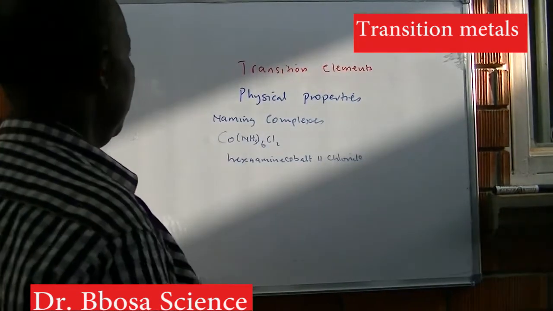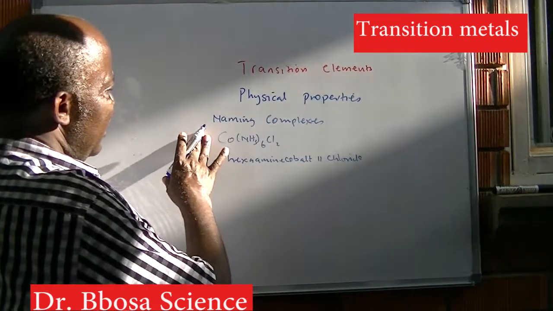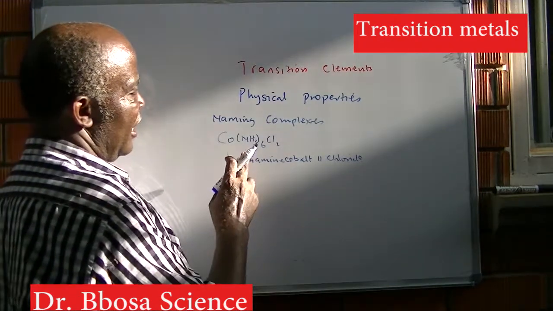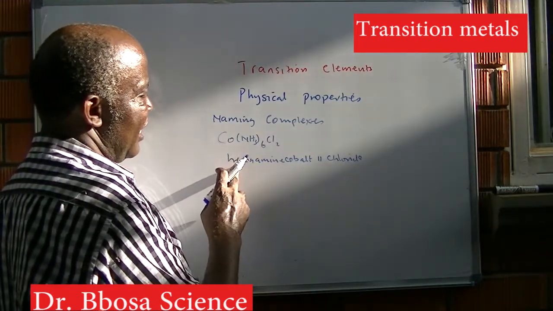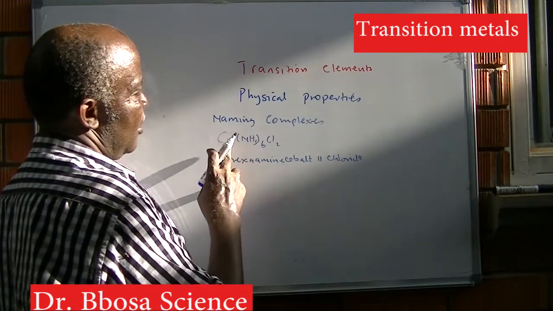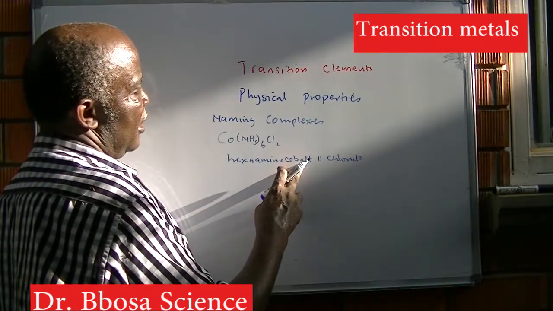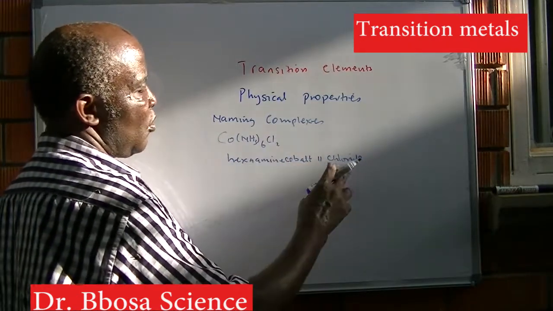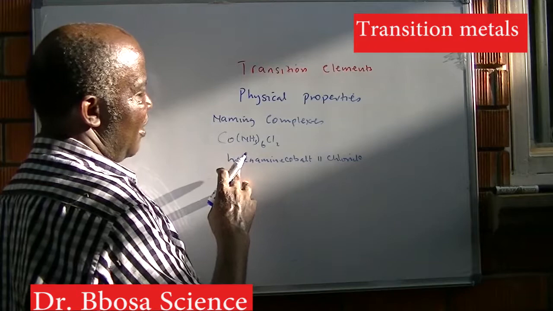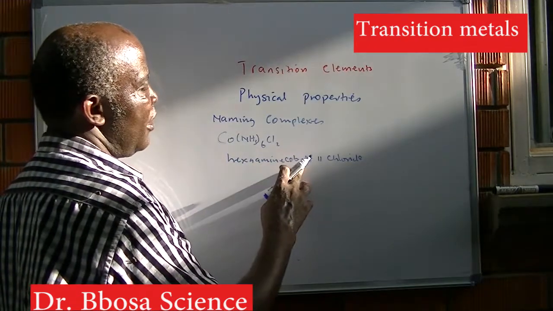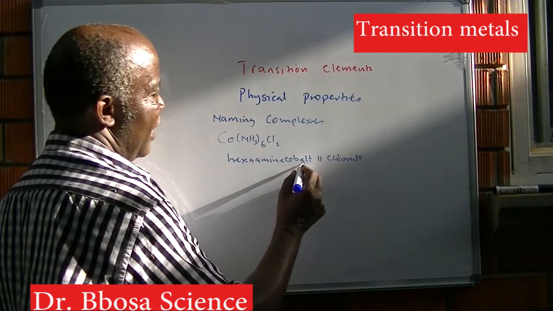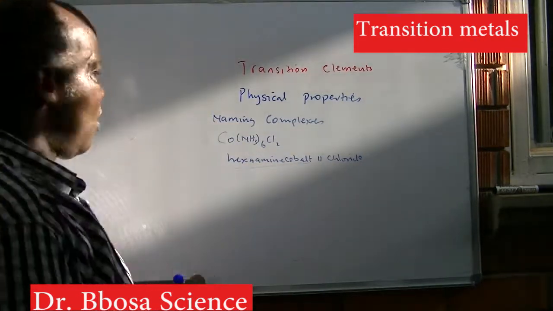For example, the name of this complex: first the ligand is amine, there are 6 amine, hexaamine, cobalt. The oxidation state of this cobalt is 2, then chloride. So the name becomes hexaamine cobalt 2 chloride. So this is one word. This one is one word.